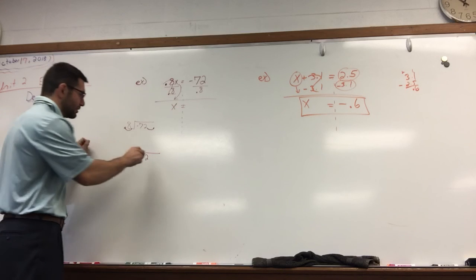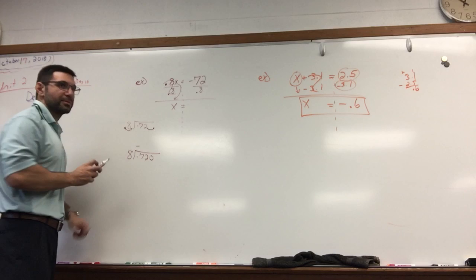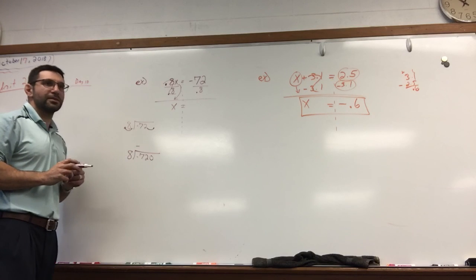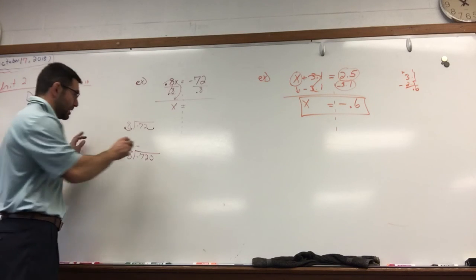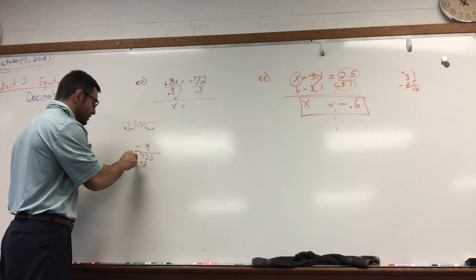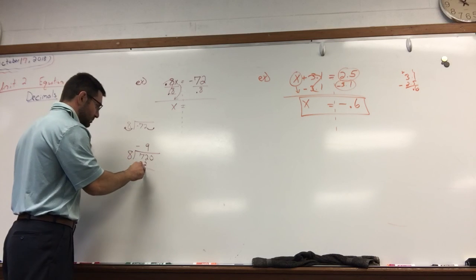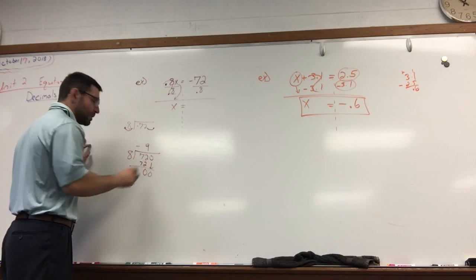So now I have 8 going into negative 72. What fills that bunny hop? 0. Very good, Cody, is 0. So we know if it's negative, the answer's going to be negative. 8 goes into 72 how many times? 9. 9 times 8 is 72. So that is 0. 0 comes down. Does 8 go into 0 at all?